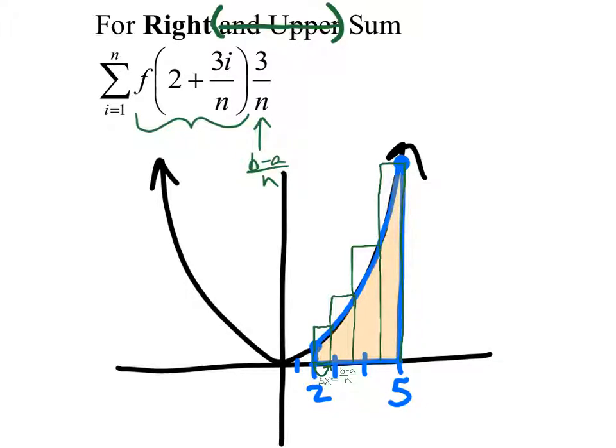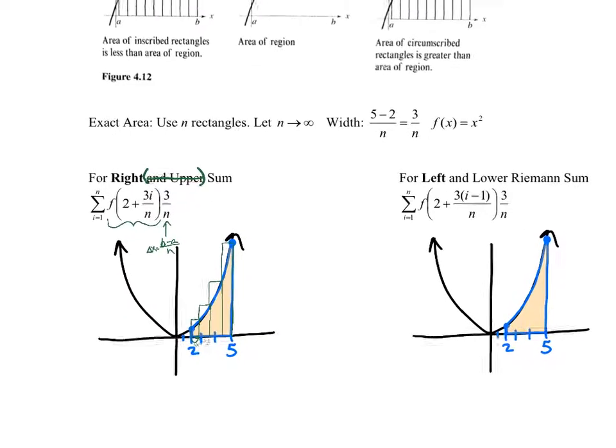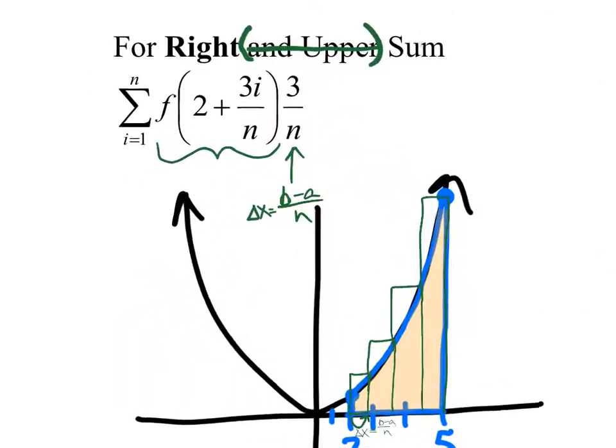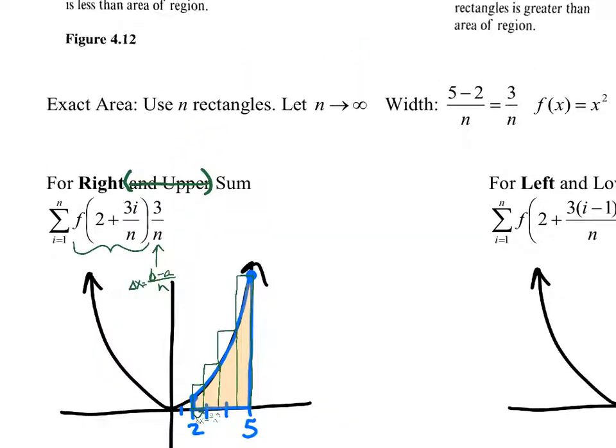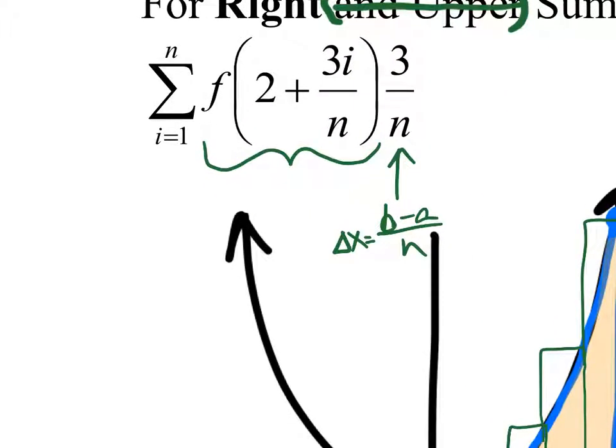That b minus a over n, I'm going to call that my delta x, or my width. Is it width times height that we're doing? Yeah, width times height for a rectangle. So the x coordinate that I'm evaluating at is f of our starting point plus delta x times i.